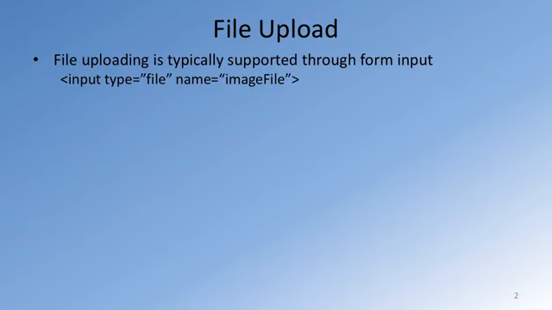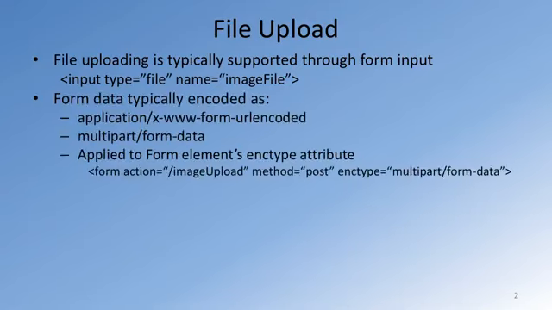Now, when the file information is uploaded to the server side, the form data itself is typically encoded as either application/x-www-form-urlencoded or multipart/form-data. So when you design your form, for example, you would design a form with the action set to /imageupload, a REST API endpoint, which will be acting as the endpoint to which you do the post of the image.